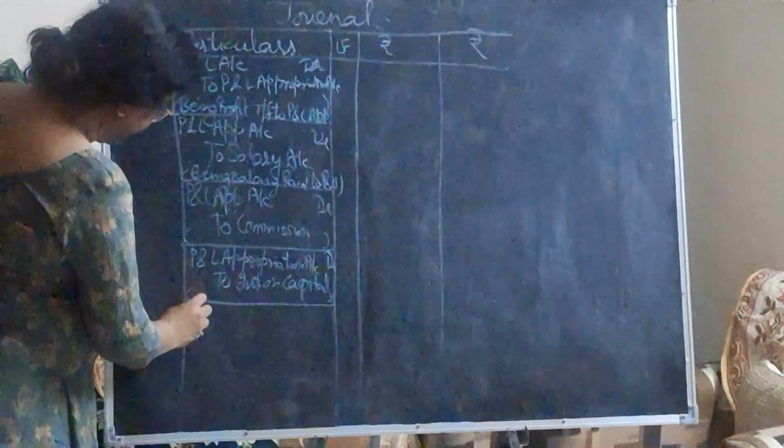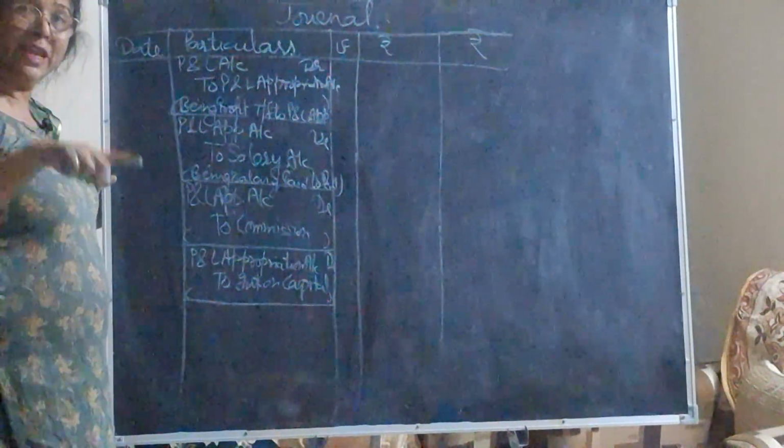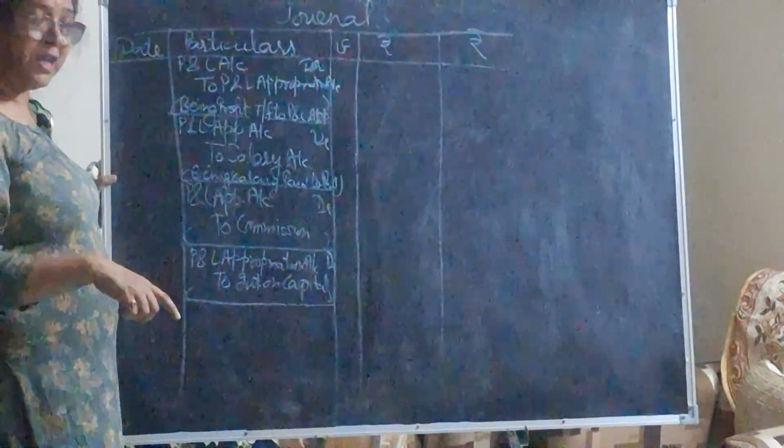Next will be, if the interest on drawing is also there, interest on drawing will again increase profit and loss appropriation account amount.